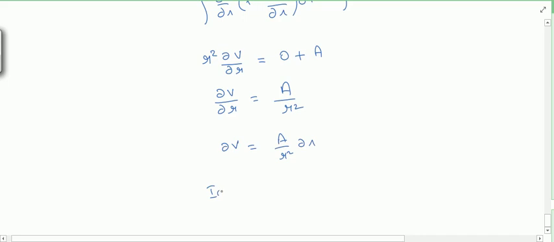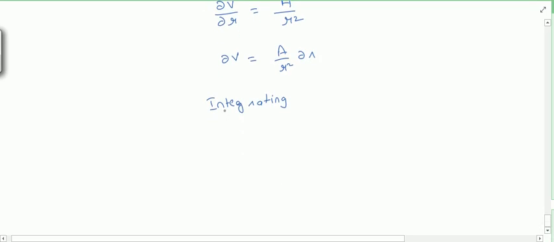Now integrating again on both sides, del V integrates to V, and A can come out of the integration because it is a constant. So here it will be V equals minus A by r, plus some constant B.